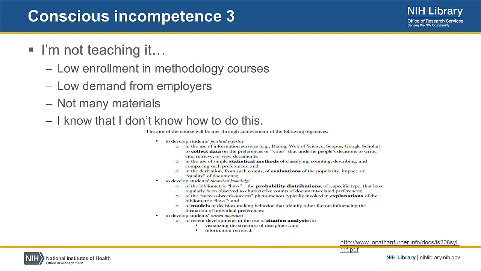One of the things that I did was actually to look for other syllabi by other faculty members. So I went back to my alma mater, and Jonathan Ferner was one of the faculty members that I had earlier back when I was at UCLA. And he was actually one of the first people, I think, in the United States to teach bibliometrics. So I pulled out his syllabus. And you can tell that it's actually, again, very theory-laden.